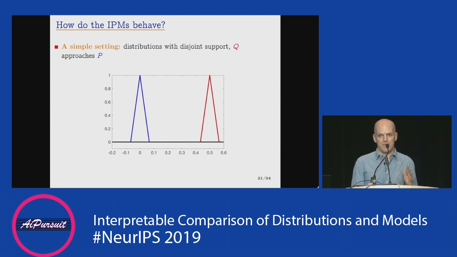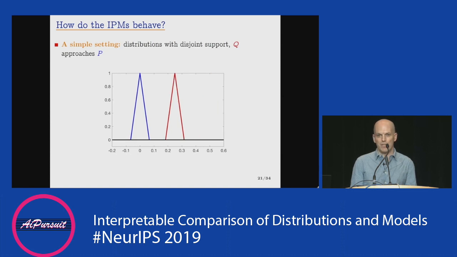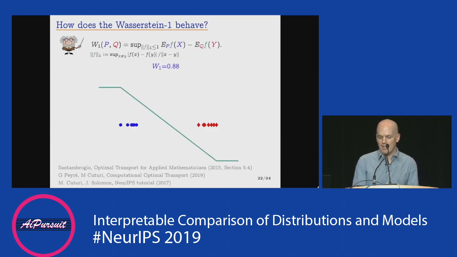So here is one of the examples we'll look at. I've got P and Q, they've got disjoint support, and I'm moving Q towards P. I'm moving my red towards my blue. I want to understand how my divergences behave for this example. Okay, so let's first look at the Wasserstein 1 divergence.